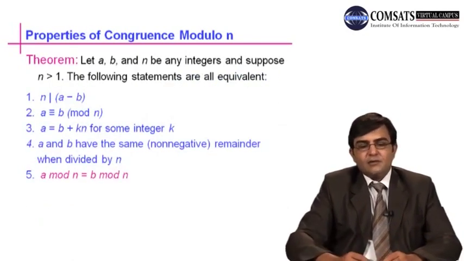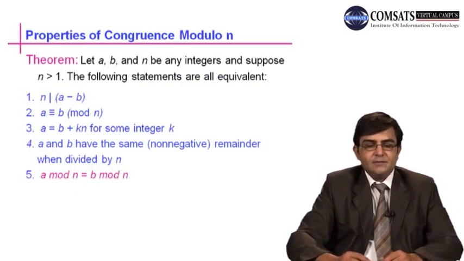Now some properties of the congruence modulo n relation. Let a, b and n be any integers, and suppose n is greater than 1.